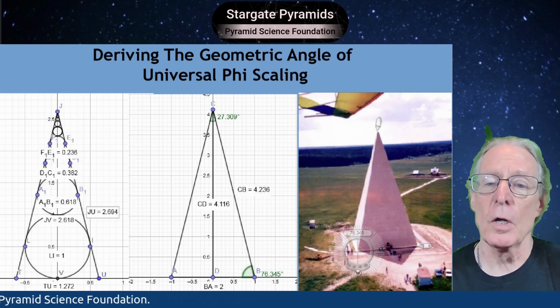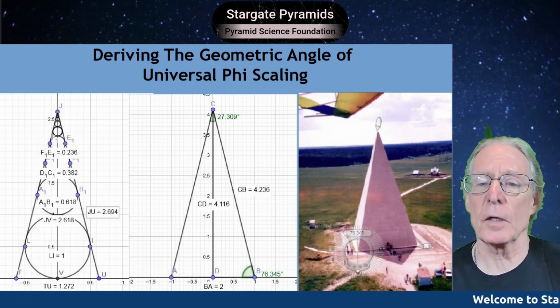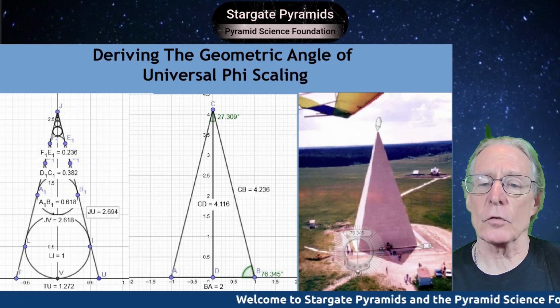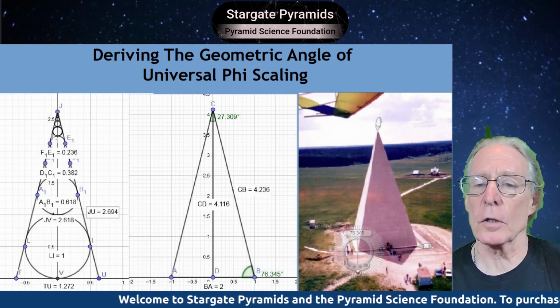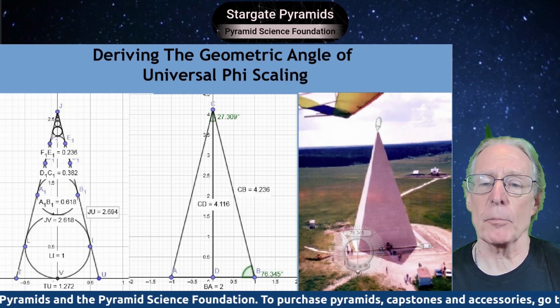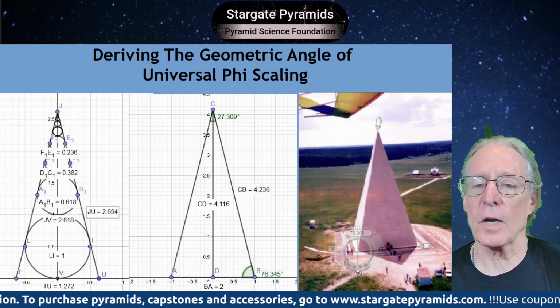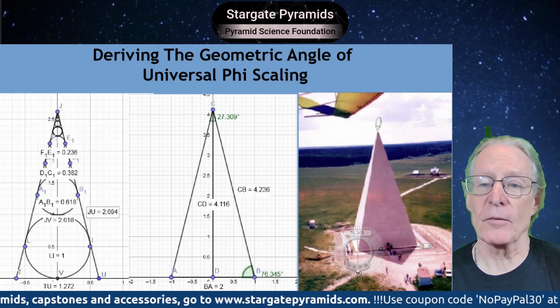But in order to build pyramids, we needed to know what the geometry was. So, first thing I did was to measure pictures of the Russian pyramids built in Russia, and this was about as good a head-on photograph as I could find. If you look in the top left-hand corner of the picture on the right, it looks like this picture was actually taken on a glider, which is kind of interesting.